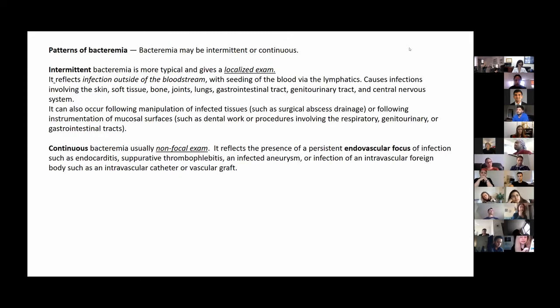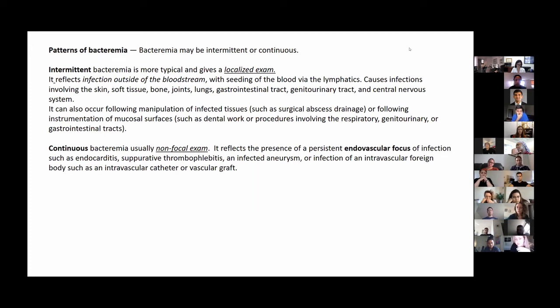So the patterns of bacteremia, the way I like to think about it is it's either intermittent or continuous. Intermittent is what we always associate with a localized focus of infection. So it's the kind of bacteremia that we're more often familiar with. Either there's a skin and soft tissue infection, there's bone or joint involvement, there's a pneumonia, or the biliary tract or the urinary tract is involved.